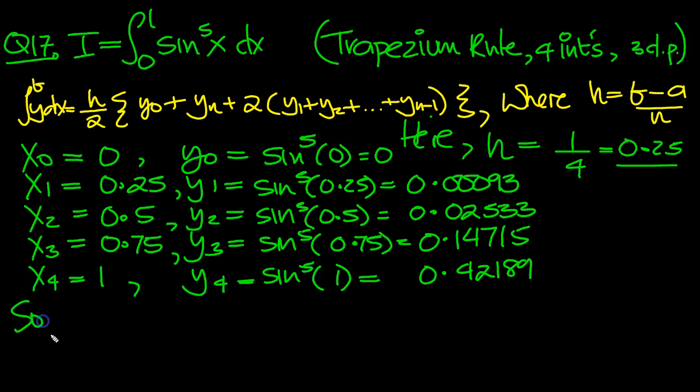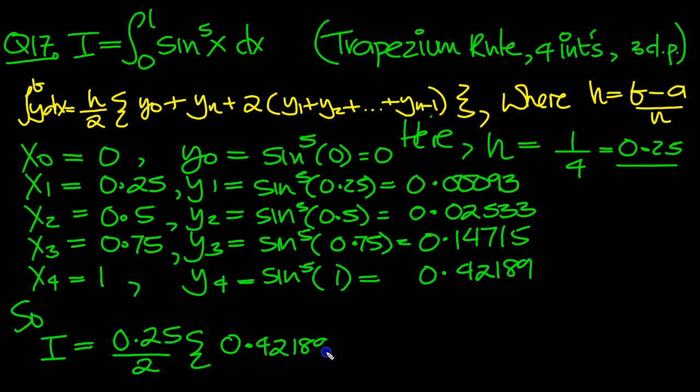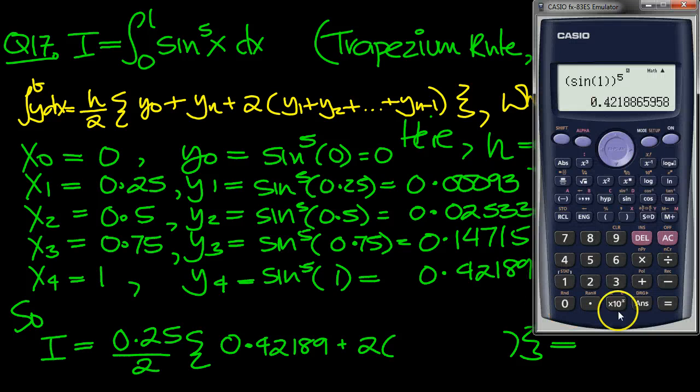So the integral equals h over 2, 0.25 over 2. So let's put that down, times the first and the last added together. So 0 plus this, so it's just going to be 0.42189, plus 2 times everything in between the first and the last, and then you work out the answer. So between the first and the last of these, there's 3 entries. Let's tap them together in a calculator.